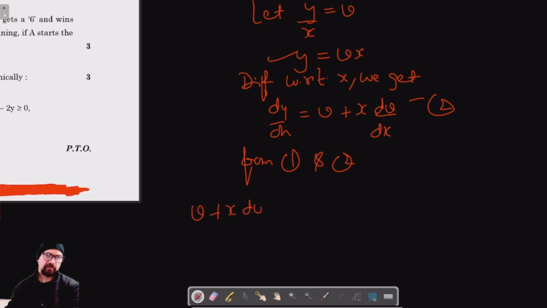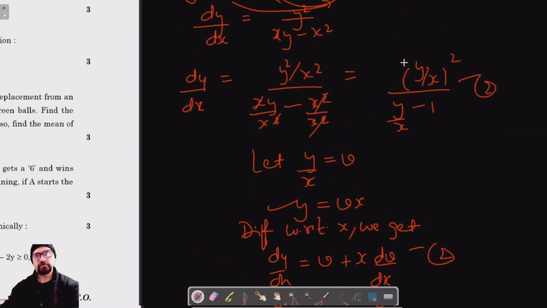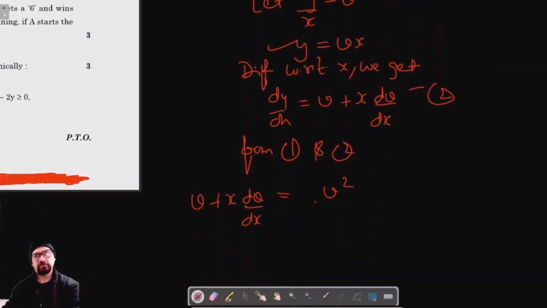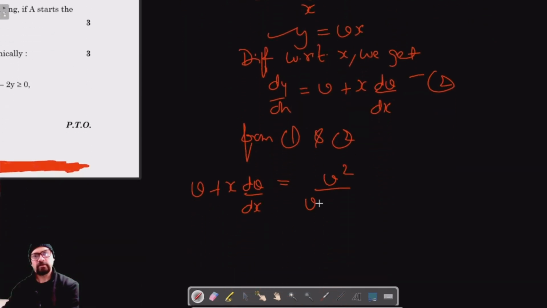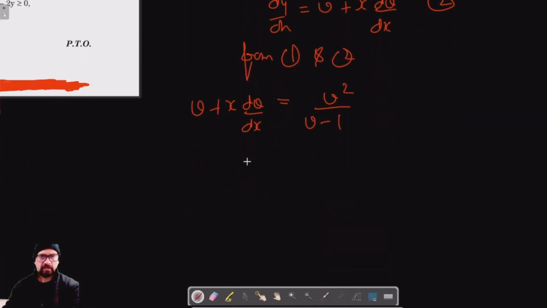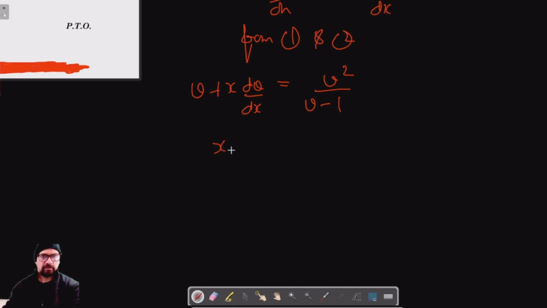v plus x into dv by dx, which is equal to y by x is v, so this is v square upon v minus 1. And this is x into dv by dx, which is v square upon v minus 1 minus v.